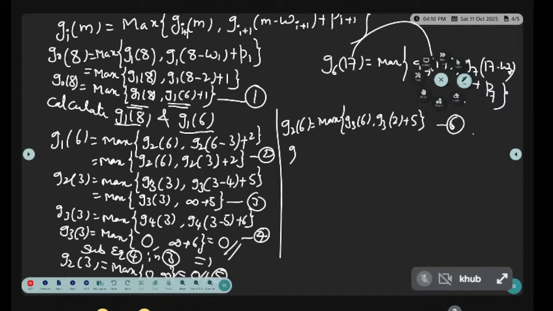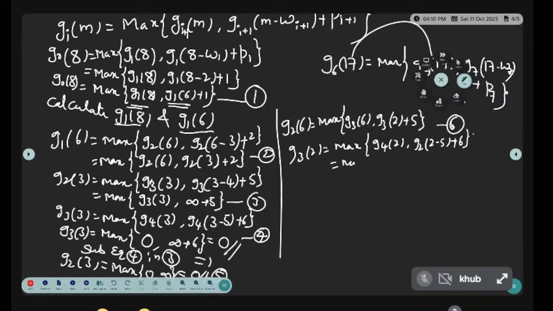Equation 6: G3 of 2 is equal to maximum of G4 of 2 comma G4 of 2 minus W4, 5, 2 minus 5 plus.